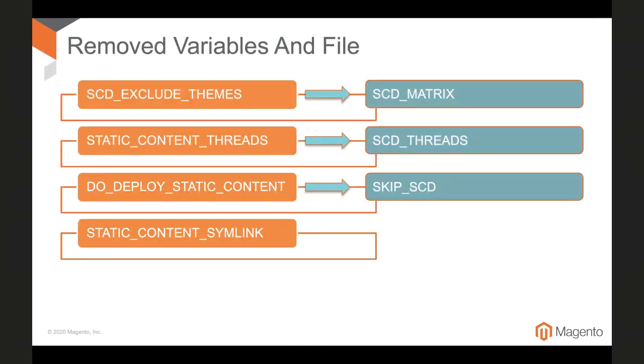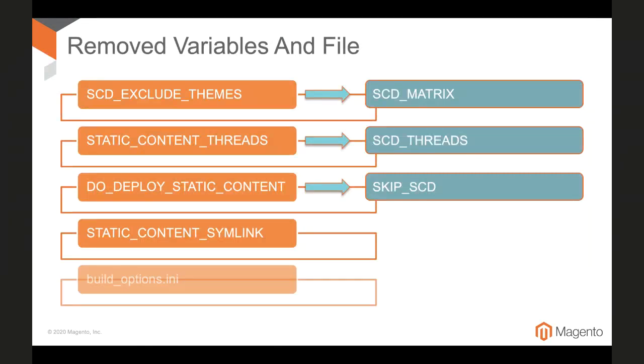copy static content which was generated on the build phase to the deploy phase. If you want to have real files in the pub static directory, you just need to run static content deployment on the deploy phase. So right now you can't generate it on the build phase and just copy all the content on the deploy phase.